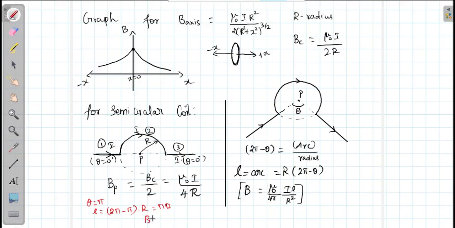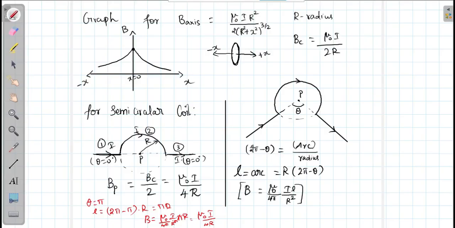The value B equals mu naught by 4 pi into r square, into pi r. So pi cancels, r square cancels, and we have mu naught I divided by 4r. We got it, so the answer is correct.